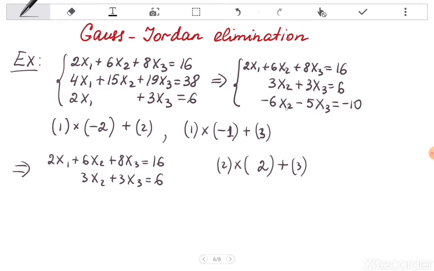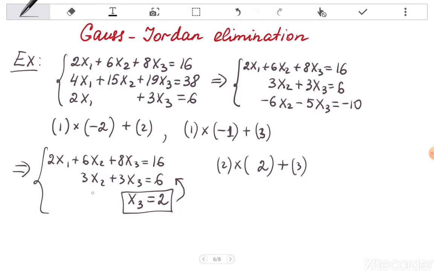So 0 for x2, and this times 2 is 6, minus 5 is just 1 x3. So 12 minus 10, this is 2. So x3 is now 2. So now we get one answer for x3. What we do next, we come back, use this x3 to find x2, then use x3 and x2 to find x1.